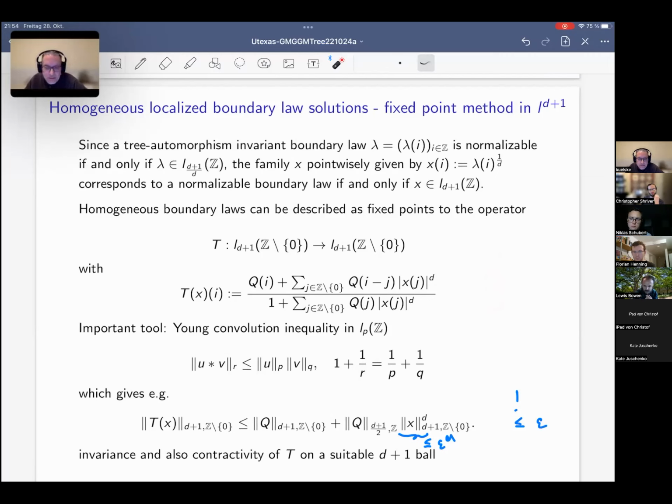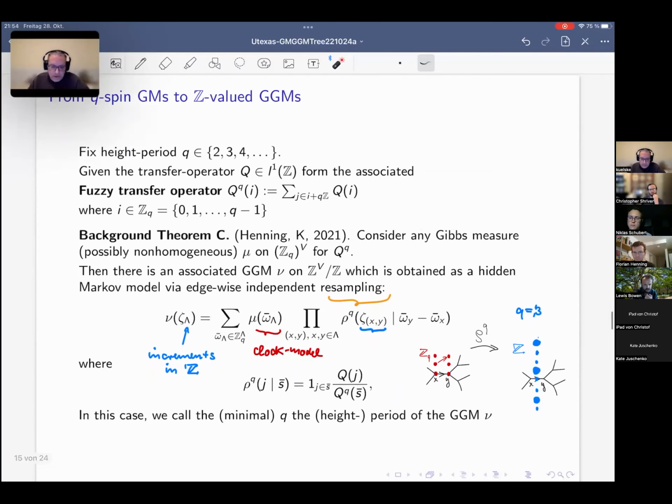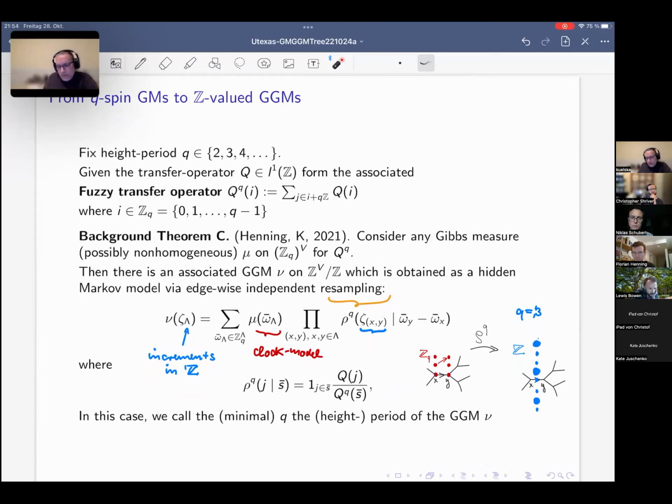But nevertheless, they are relevant because if they are periodic, they give rise to these GGMs, which are not localized.